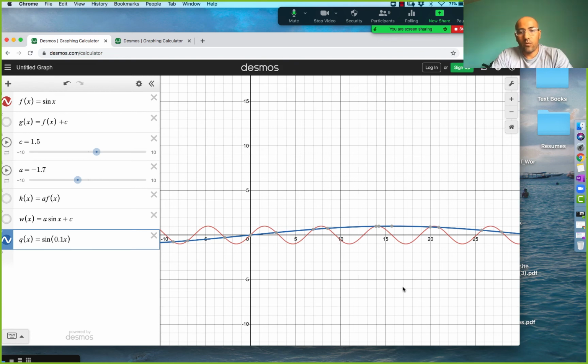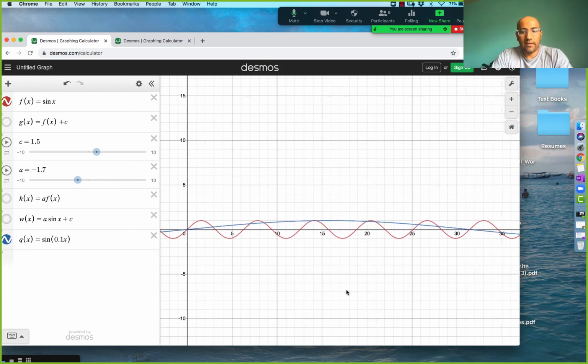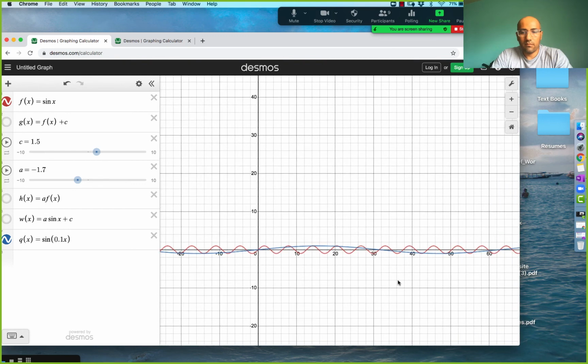So here, at 0.1, it's so big, look at that, it takes it all the way up to there in order to complete 1 period. This is 1/10. That means that there are 10 complete periods of regular sine that can be completed in the same space that it would take this function to complete 1 period of sine.